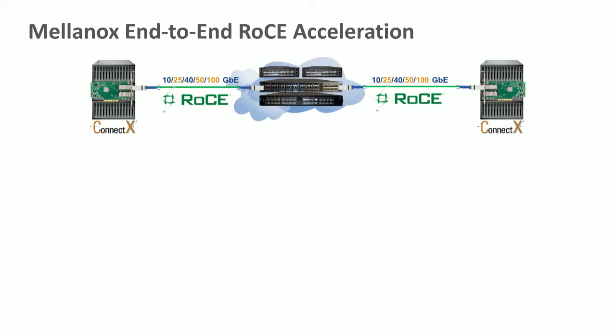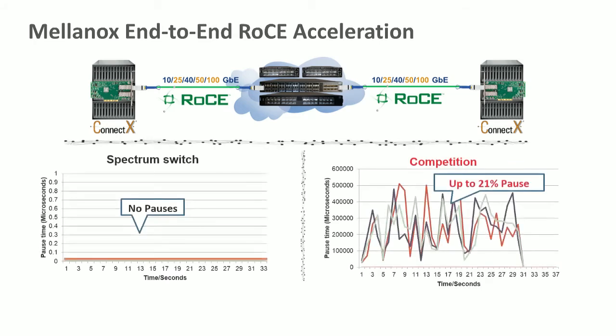On the switch fabric side, Mellanox Spectrum switches provide the best congestion management with the dynamically shared buffer and superior buffer management. Here is an example where 3 servers are sending data to 1 receiver, which is a potential source of congestion. In this comparison, the graph shows the pause time on each sender due to the pauses sent out by the switch.